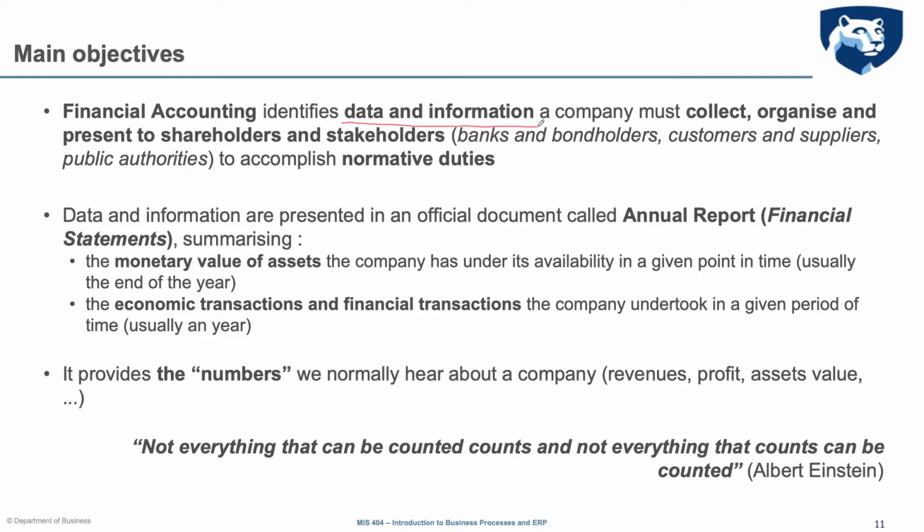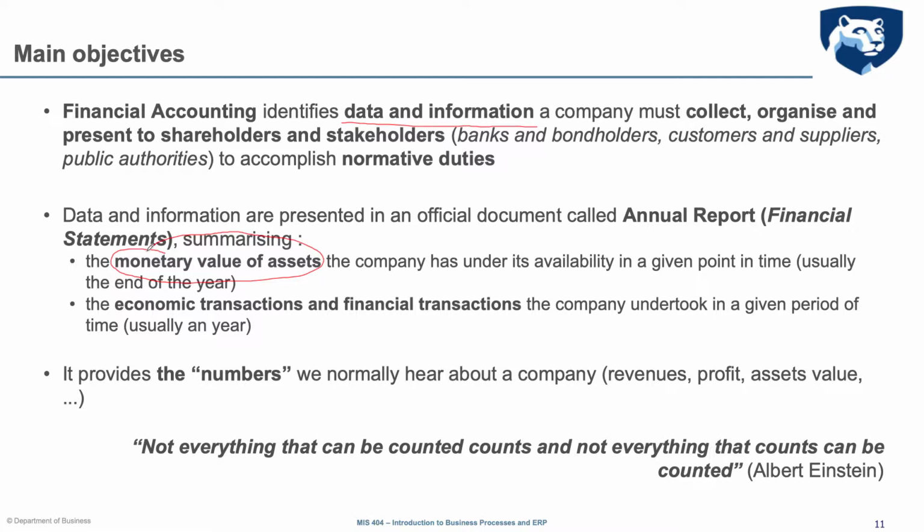So basically, financial accounting is everything that summarizes and communicates to the audience the monetary value of the assets that the company owns: product, inventory, building, property rights, patent, whatever asset the company uses.